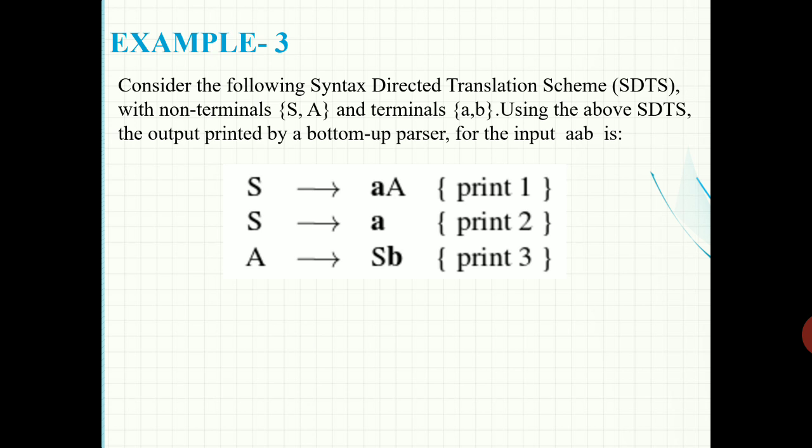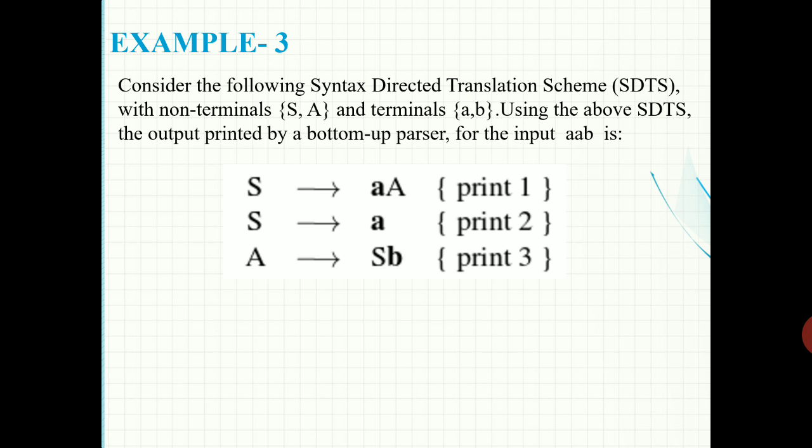The evaluation of actions can be performed by the leftmost derivation. But here the question says by a bottom-up parser, what is the value printed for the string aab.